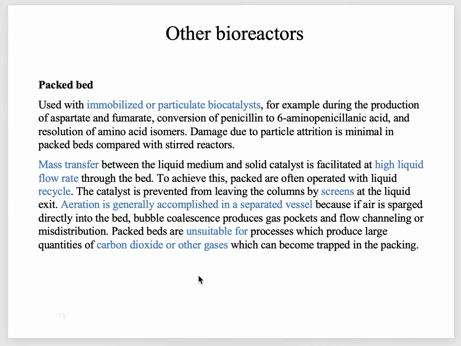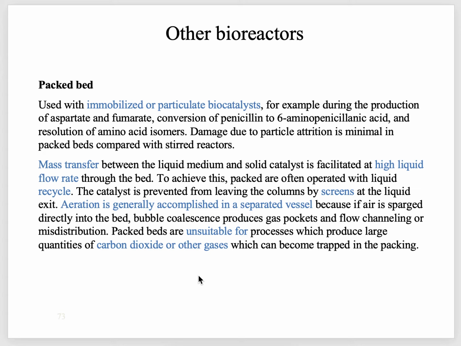In packed bed bioreactors, immobilized or particulate biocatalysts are used. Immobilized means this biocatalyst cannot move; mobilization has been prevented. I think you know the word immobilization.